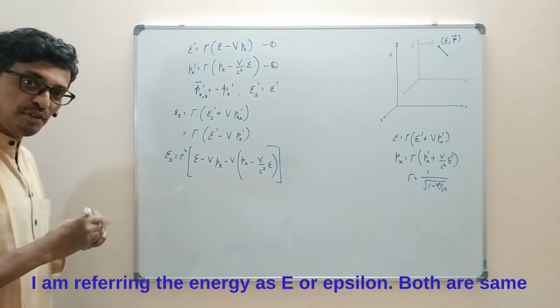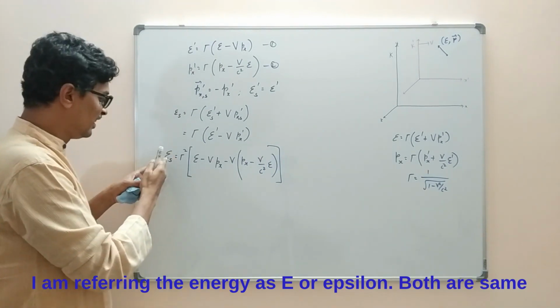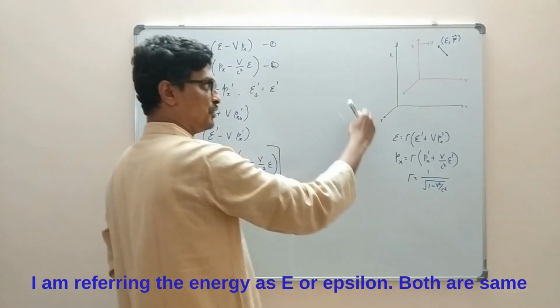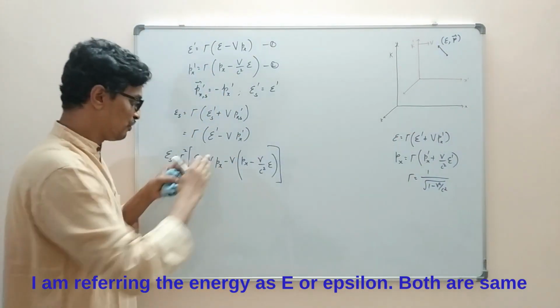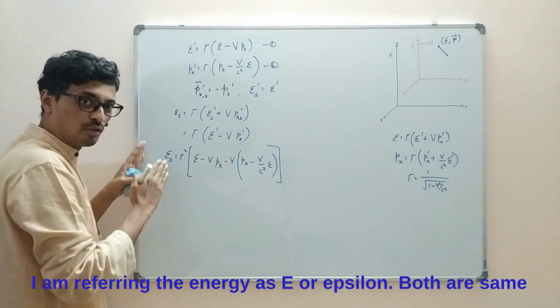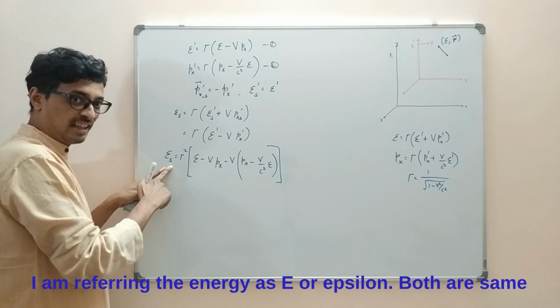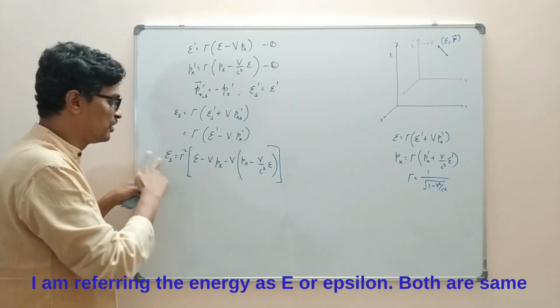So eventually we got the energy after scattering in terms of all the quantities which are measured in the K frame itself. So we got the required, all we wanted is E, the initial energy, and the scattered energy in the K frame. That's what we wanted to know. So we got all the relations.